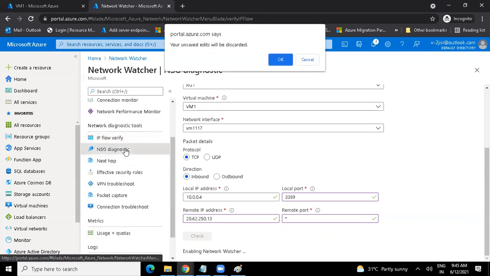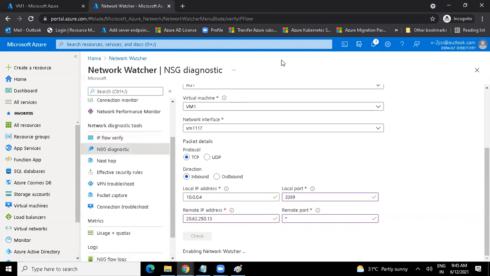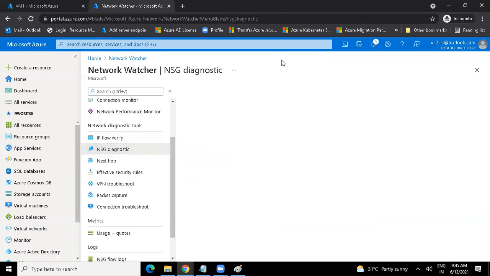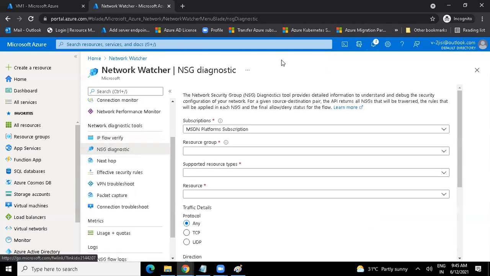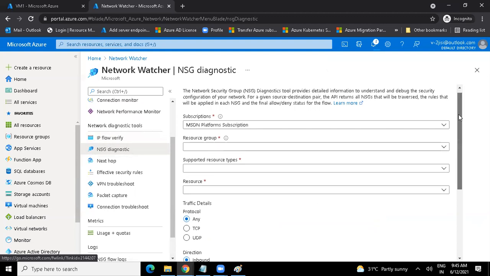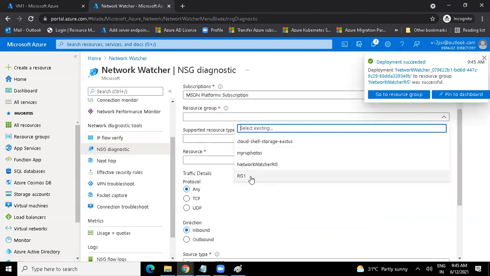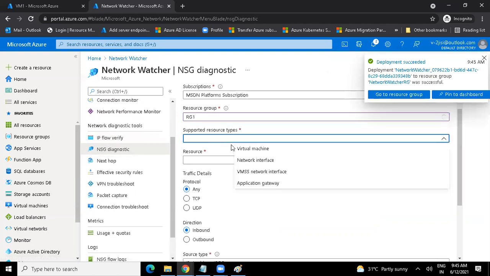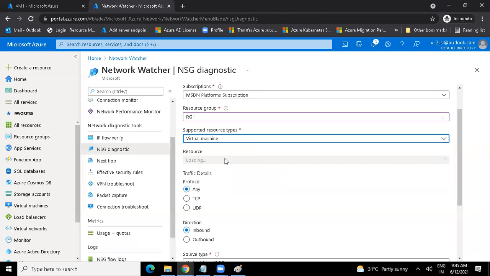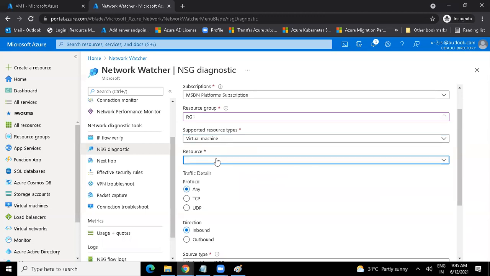Okay. Then we have something called NSG diagnostics. In NSG diagnostics, you can specify the resource, the supported resources, maybe a virtual machine, for which resource you are trying to check, maybe VM number 1.